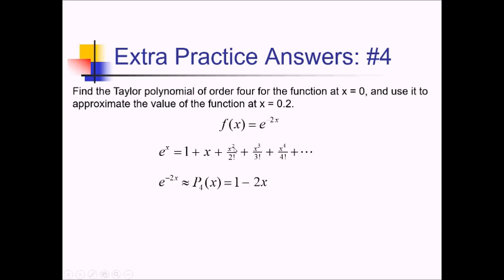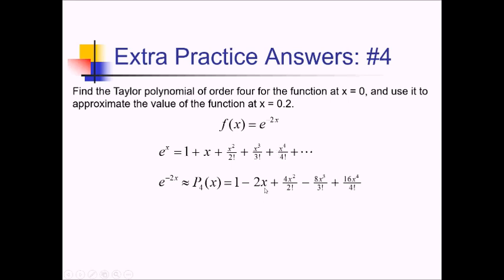Negative 2x squared is going to be positive 4x squared. Negative 2x to the 3rd power, well, now that's a negative 8x to the 3rd over 3 factorial. And finally, negative 2x to the 4th, that's positive 16x to the 4th over 4 factorial.